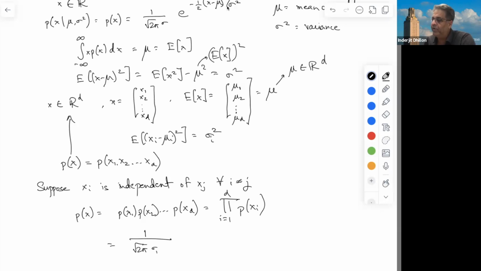How many times will it appear? There are d terms over here, so this will appear d times, and then this will be sigma 1, sigma 2 to sigma d.